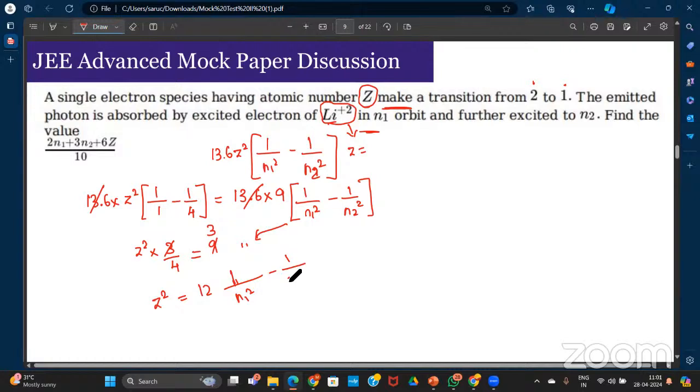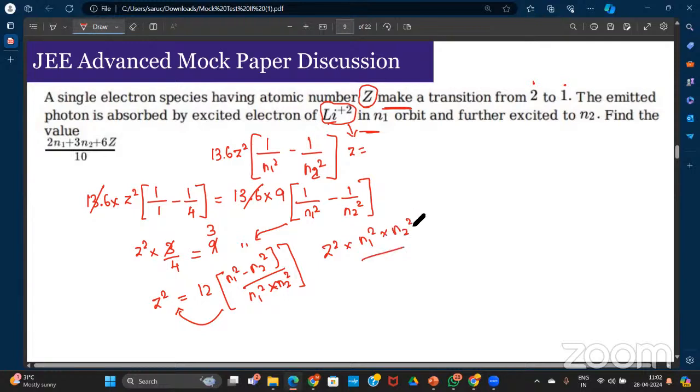Or you can simplify this: just cross multiply and bring it to the other side. So you can write it as N1 squared minus N2 squared by N1 squared into N2 squared. Bring it to the other side, so you'll be getting Z squared into N1 squared into N2 squared by N1 squared minus N2 squared is equal to 2.